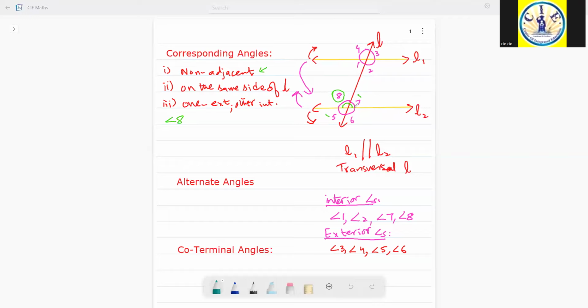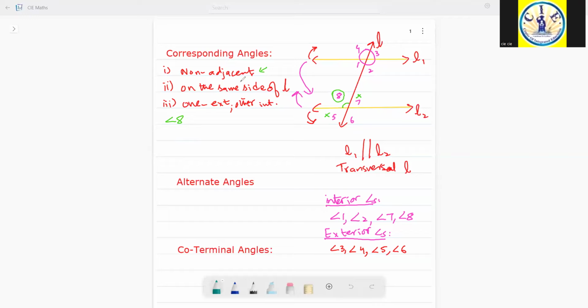Angle 7 is tied to this side and angle 5 is tied to this side. So angle 7 and angle 5 cannot be the corresponding angles to angle 8.